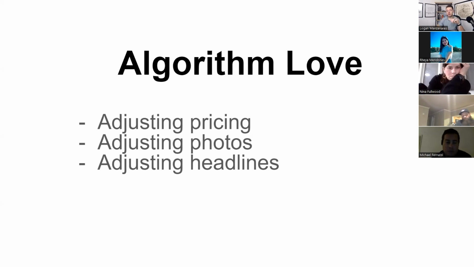Again, we'll put King Suite in there, or we'll put the location in there. We'll do something that catches the eye and basically lets the algorithm know that we're trying to get somebody to book our property. Okay, so these are little things that you do every single day that allow you to continue to show up in the feeds. And that's what I call algorithm love.